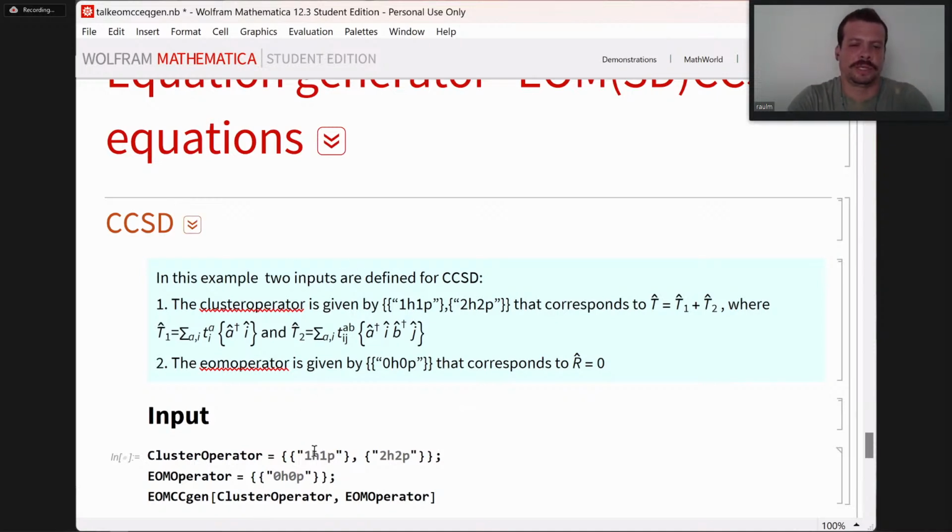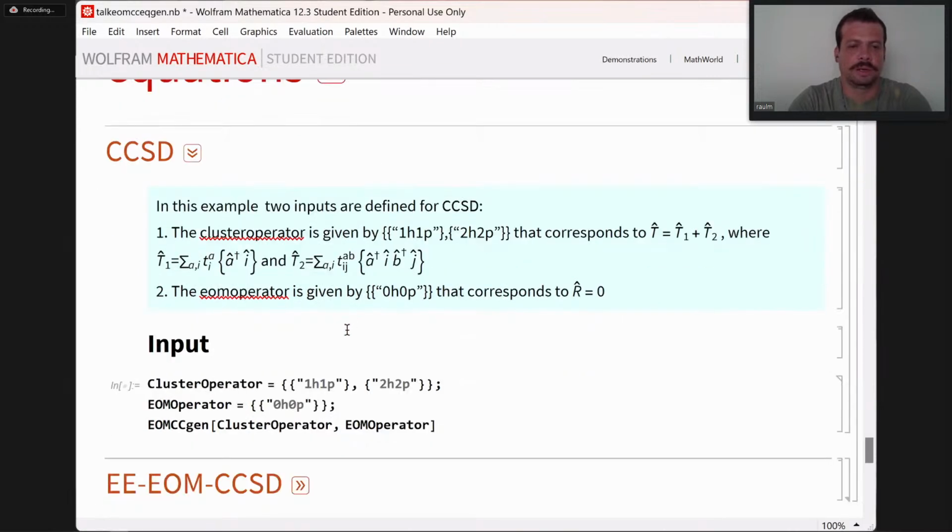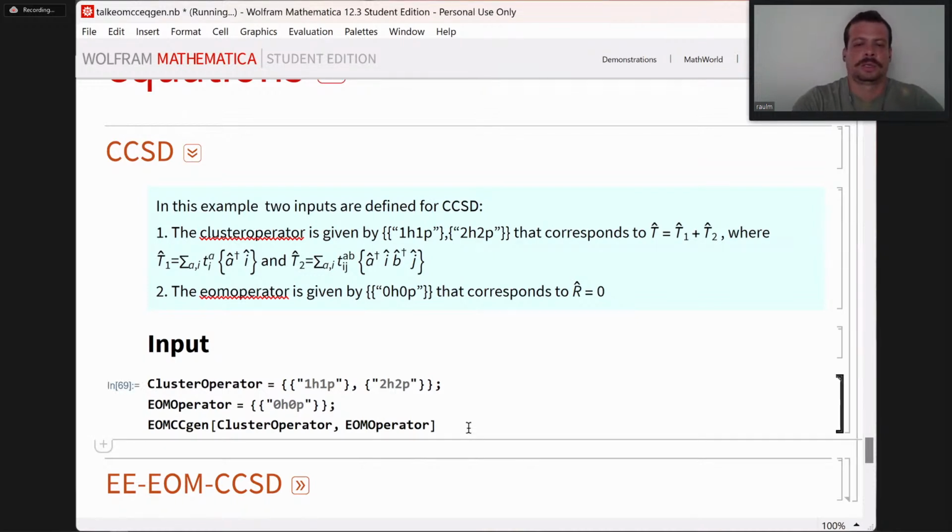So we need to define singles and doubles that correspond to T1 and T2. And the equation of motion operator is not important here, so we define it as 0, 0. So now we are running the calculation.